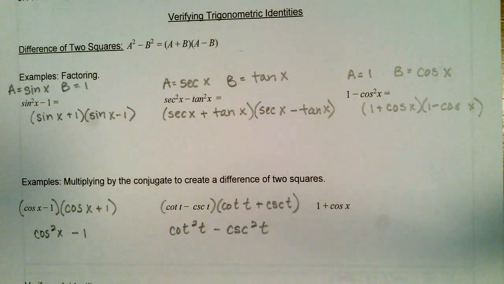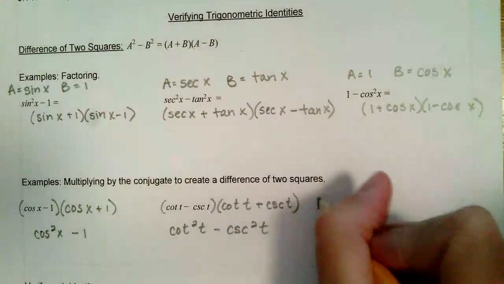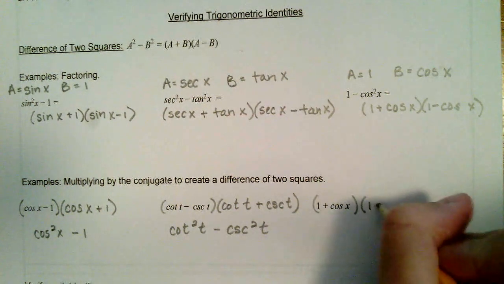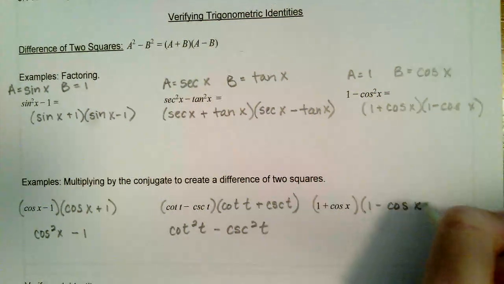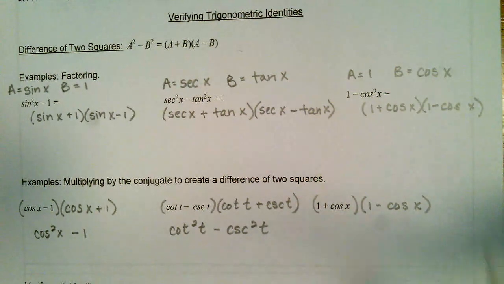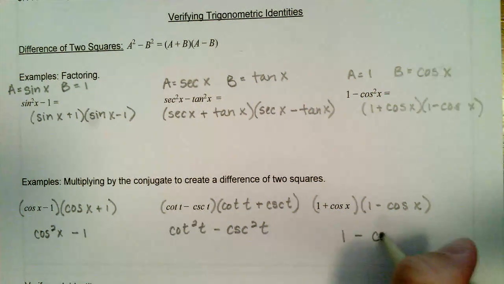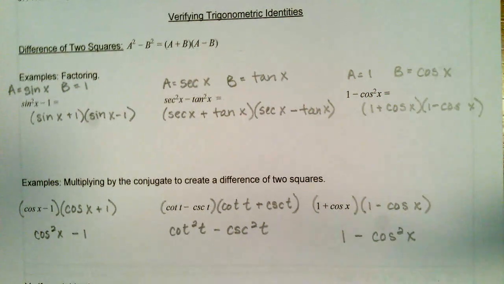In our last one, we have 1 plus cosine x, so the conjugate is going to be 1 minus the cosine of x. And when we multiply that, 1 times 1 is 1 minus cosine squared of x.